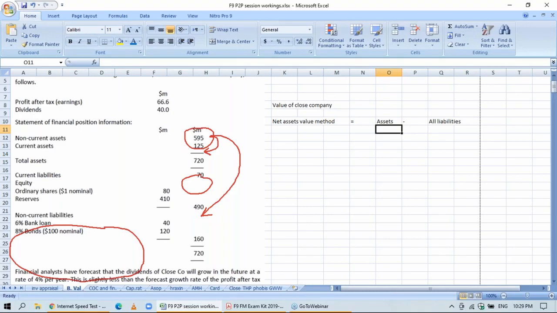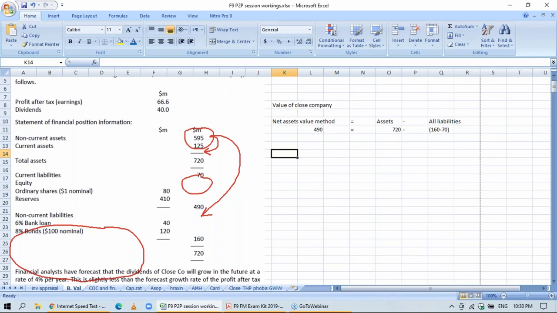Right now we are using the book value of the assets. So 720 is the total asset position, and we will deduct all liabilities: the non-current liabilities are 160 and the current liabilities are 70. Deduct both of them to arrive at the net assets value, which makes 490. So that's the net asset value method.